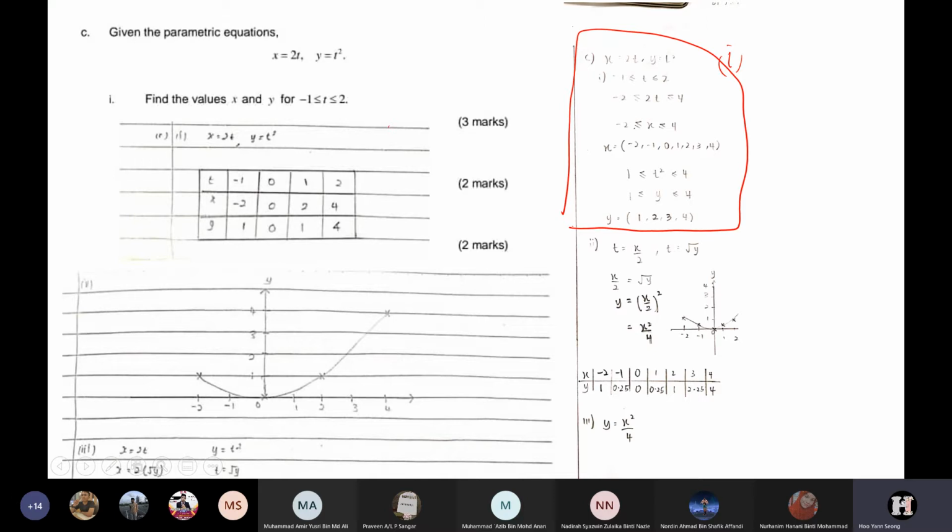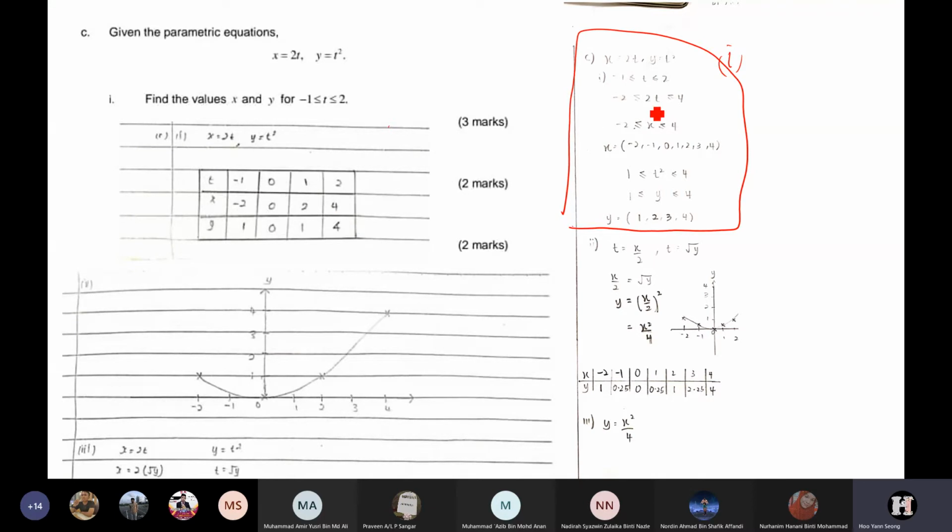The question is very simple: find the value of x and y for -1 to 2. You can totally see these two persons think differently. The left-hand side person just takes -1, 0, 1, 2 and then finds the respective x and y, calculating in this way.